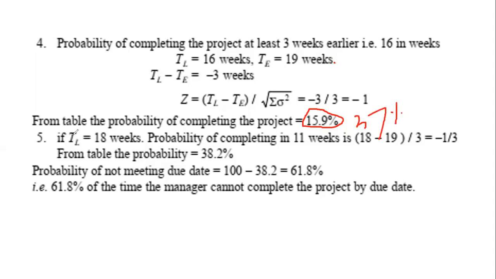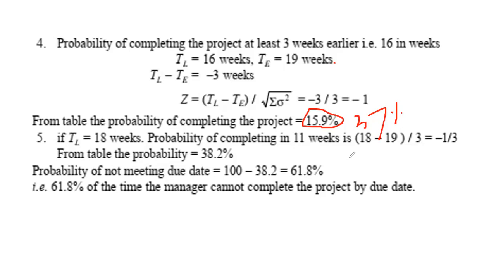The probability of completion of the project in 16 weeks is this much, that is 37%. And next question, if TL is 18 weeks, what is the probability of completion in 11 weeks?